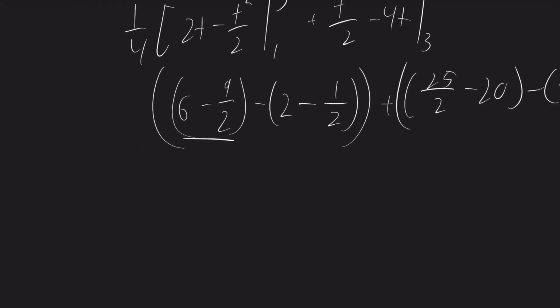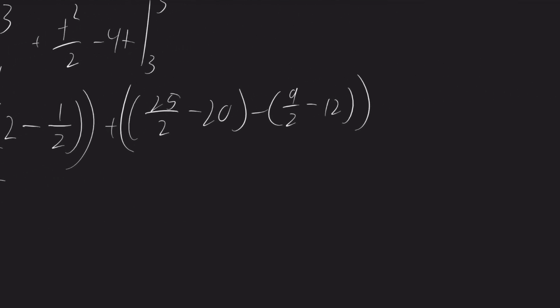Over here we have 6 minus 9/2, and 9/2 is 4.5, so it'll be 1.5. We have 2 minus 1/2, which will be 1.5. So we have 1.5 minus 1.5, which will be 0. And for this next one, we have 25 over 2, which is 12.5.